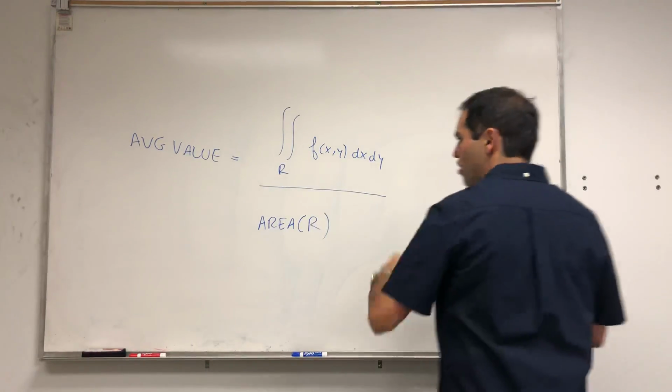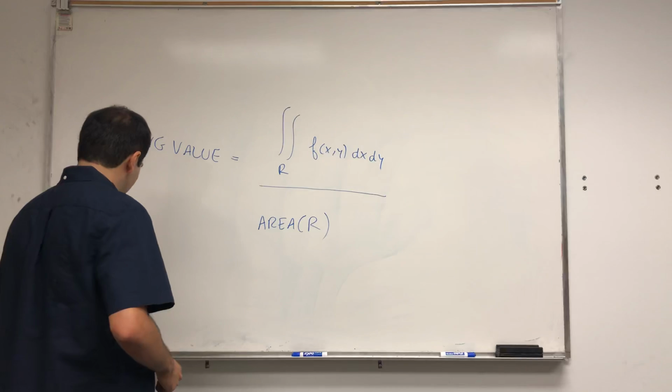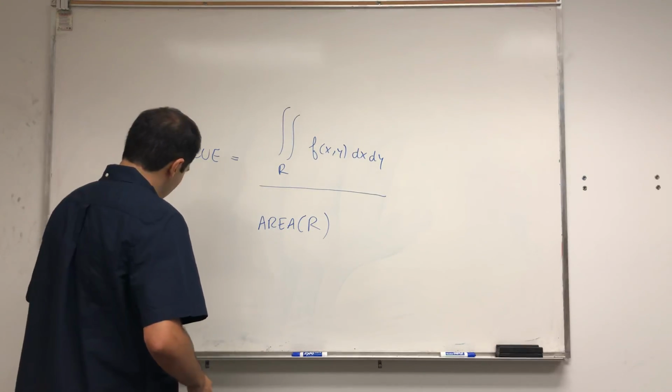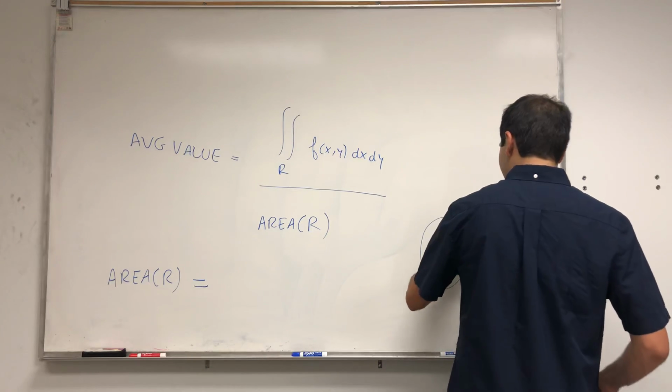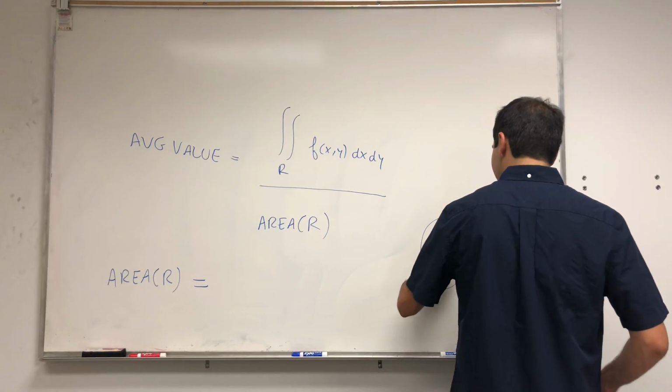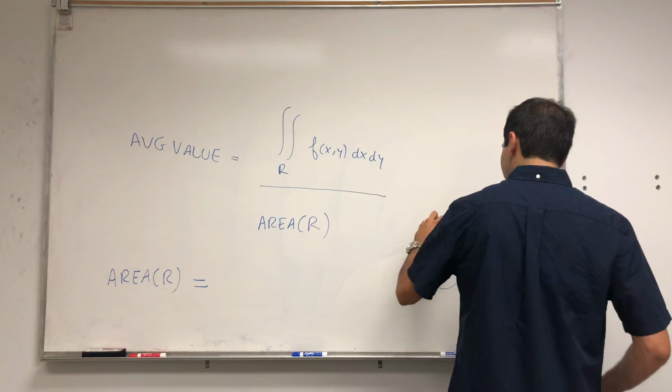So first of all, let's just get rid of this area. I'd like to remind you, our ring is the region between two disks. So this is a and this is b.